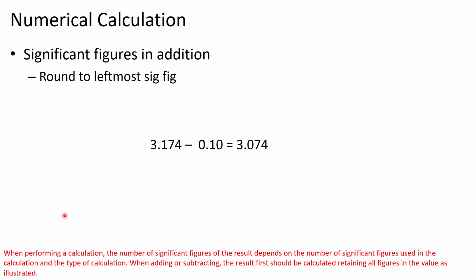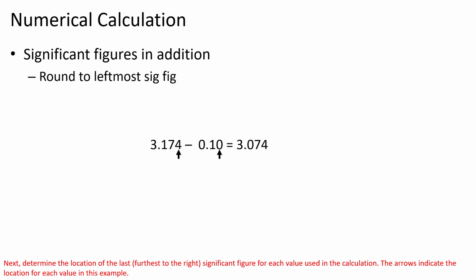When performing a calculation, the number of significant figures of the result depends on the number of significant figures used in the calculation and the type of calculation. When adding or subtracting, the result first should be calculated retaining all figures in the value as illustrated. Next, determine the location of the last, furthest to the right, significant figure for each value used in the calculation.